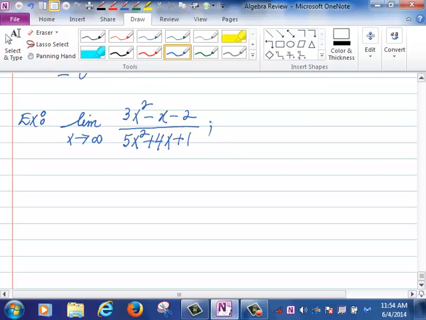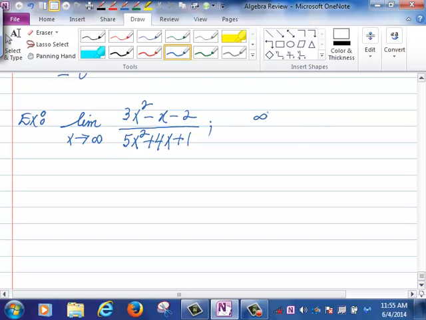If you want to know the value of a polynomial when x is big, it only depends on the leading term. The leading term is the dominating term. So that's why the limit of the numerator would be infinity, because when x is big, x squared is big.